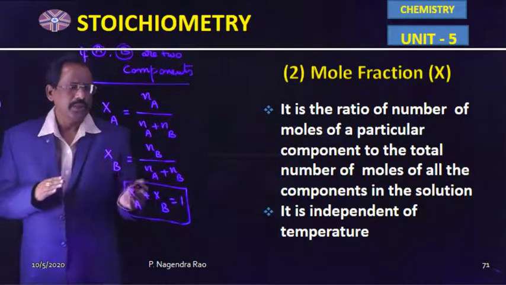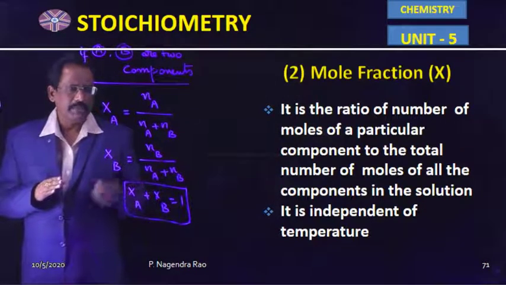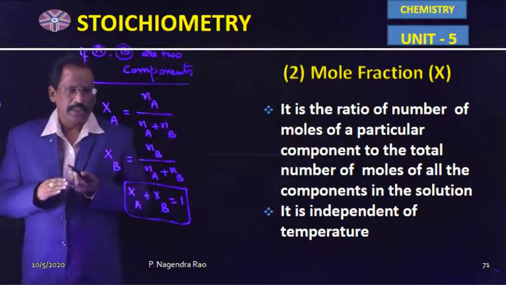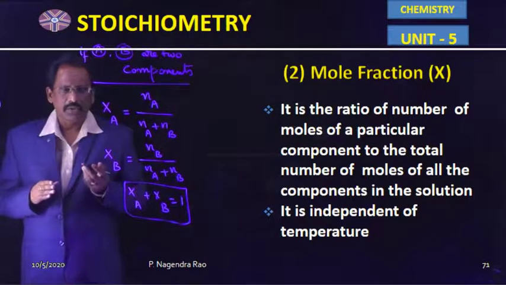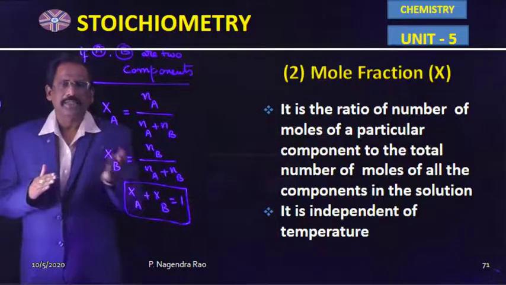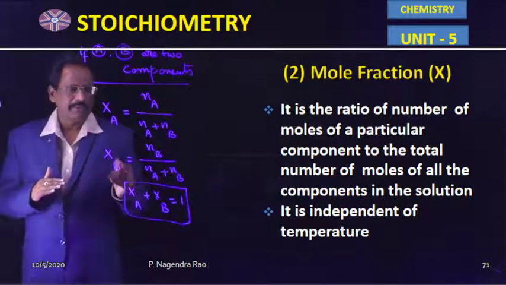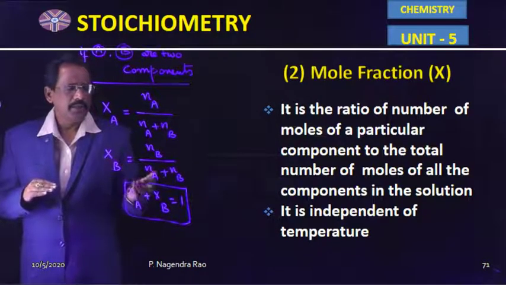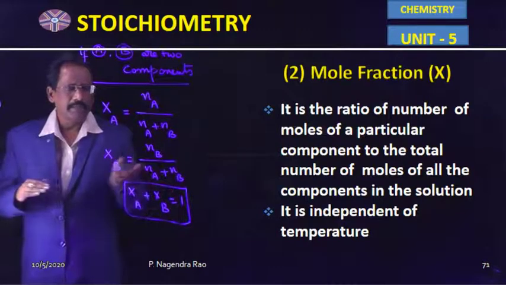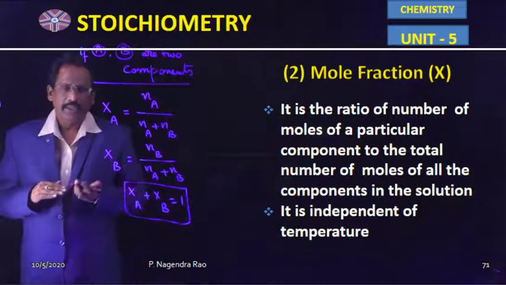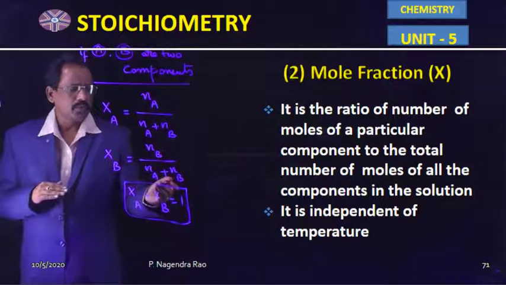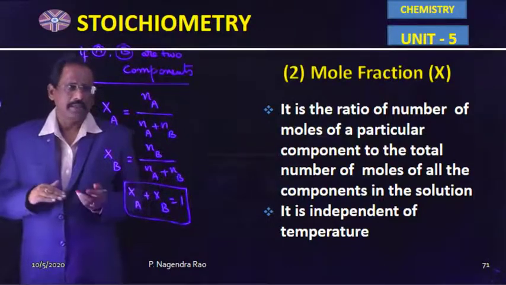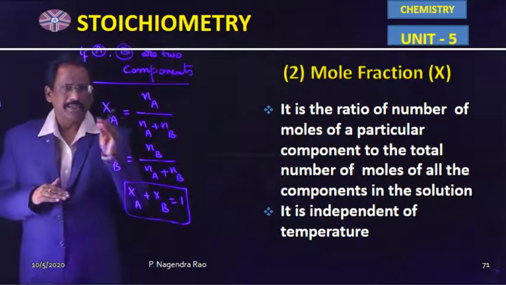So if you know the mole fraction of the A component, then for the B component, its mole fraction is equal to 1 minus Xa. Very important formula. Or if you know the mole fraction of the B component, for the A component, the mole fraction is equal to 1 minus Xb.